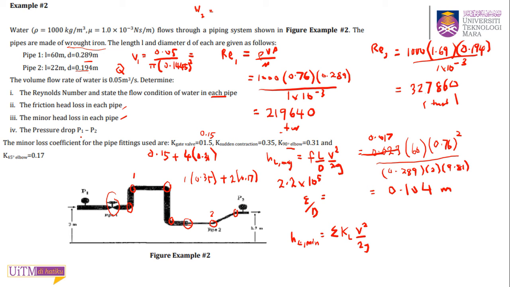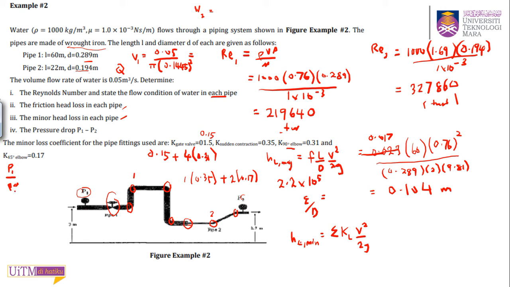The last one, they ask you to find the pressure drop P1 minus P2. There is a gauge here for P1 and a gauge here for P2. Again, you need to use the energy equation to apply that.